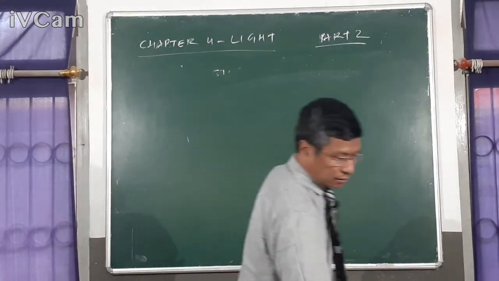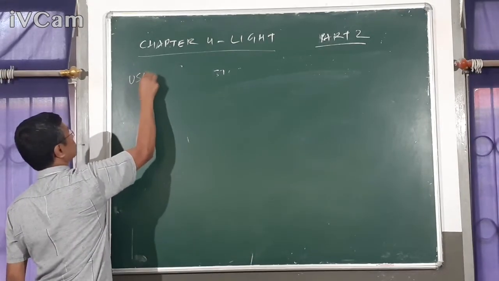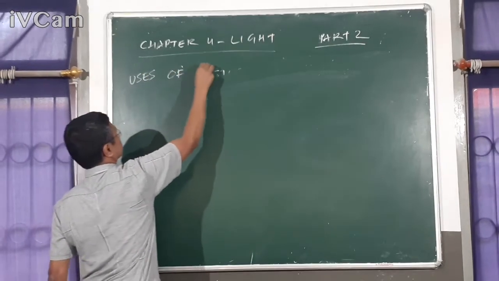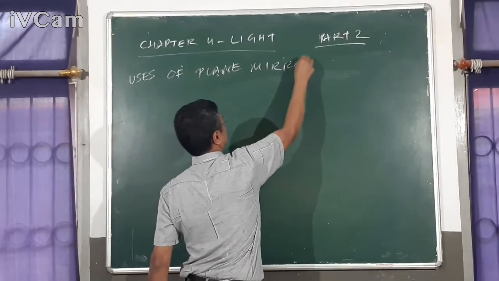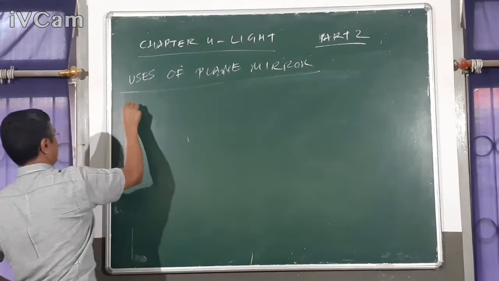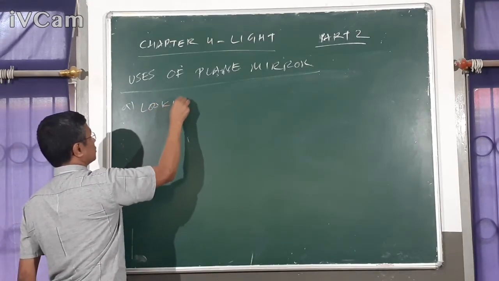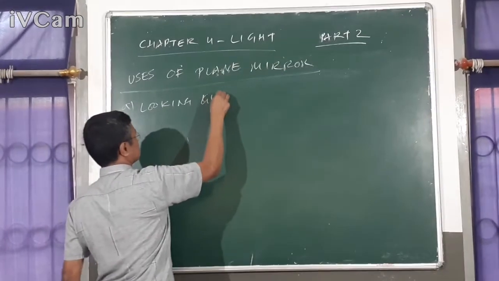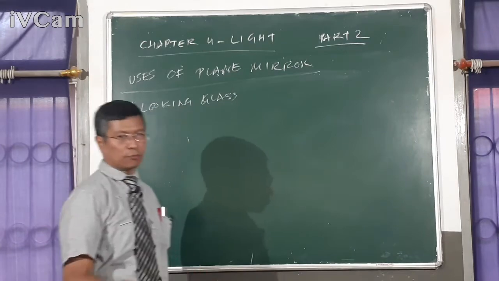Now the last section for today is the uses of plane mirror. Number A, it is used as a looking glass. This is the most common use of a plane mirror.